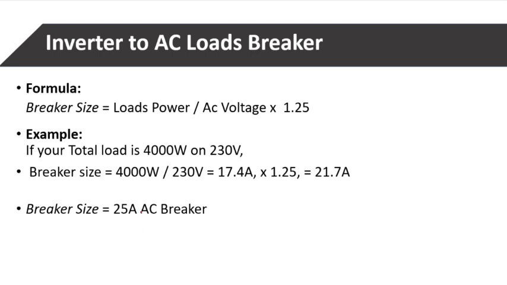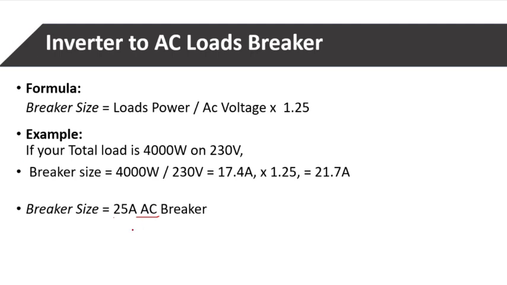What I'm trying to say is the current between your inverter and your house, that's the output current of your inverter, is AC current. So if you are installing a breaker here, make sure it's an AC rated breaker. Now between your solar panel and maybe your charge controller is DC.